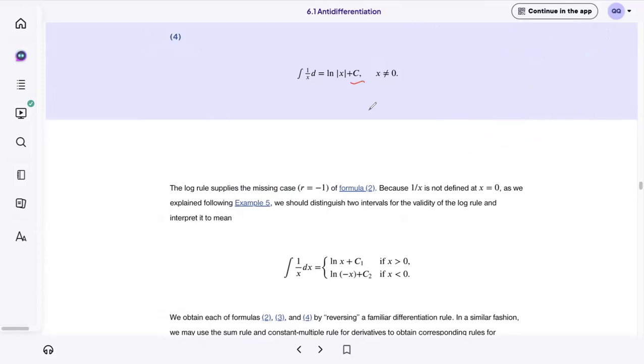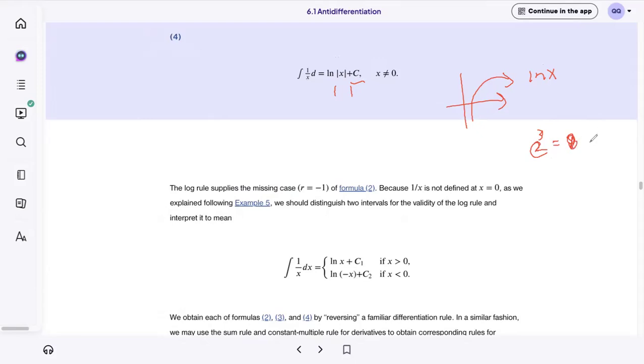So of course, we're going to add c to it. And why do we need to put an absolute sign? Because the graph of ln x exists only for positive x values, so inside the log has to be positive. Let's do e: e raised to 3 equals something.